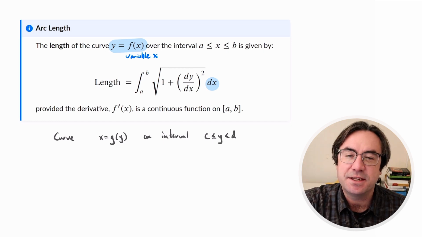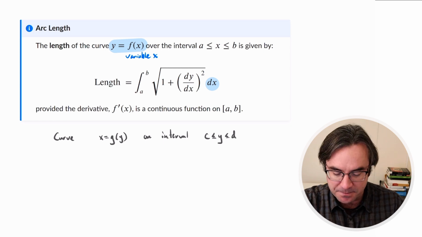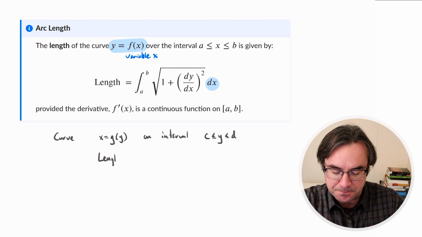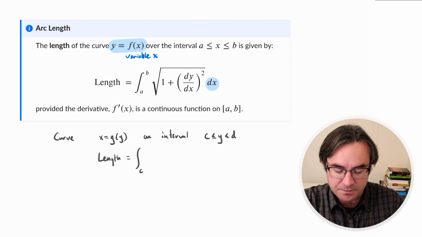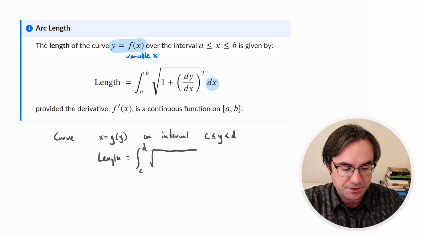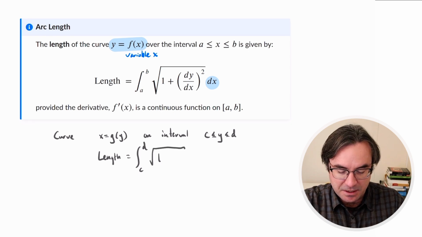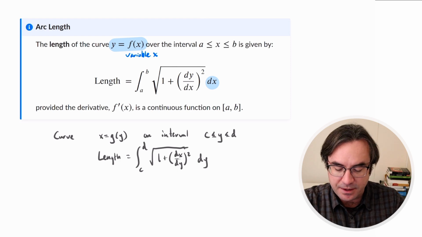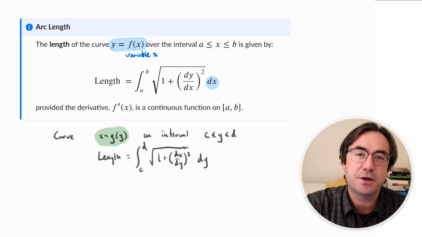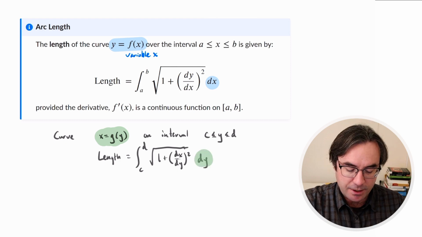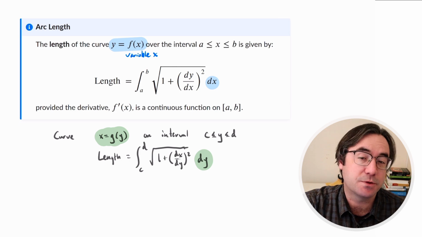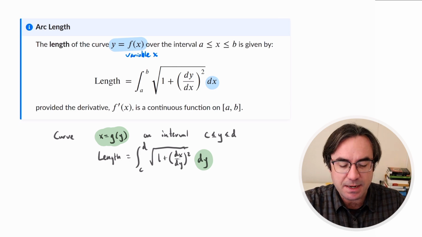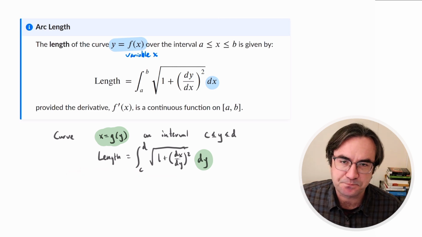Well, in this case, the length formula is going to be the integral from c to d of the square root of 1 plus the derivative of x with respect to y squared, and then we integrate with respect to y. So if we're given a function and the variable is y, then we're going to end up integrating with respect to y. So sometimes we'll see this slight variation.